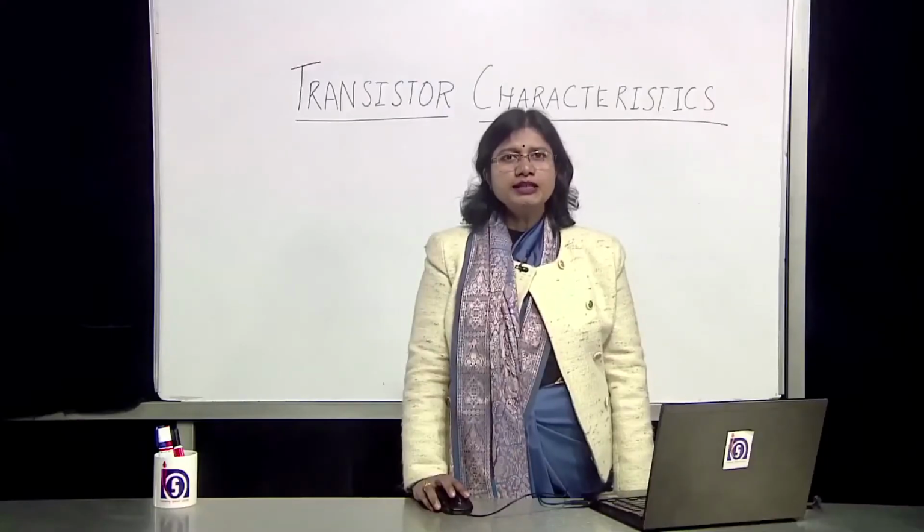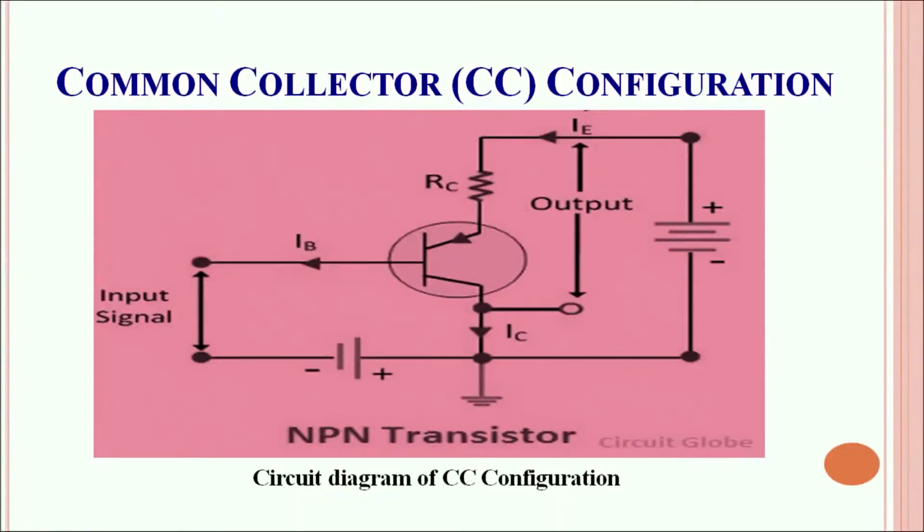For the output circuit, we realize that being in reverse bias, it is going to offer large resistance. So, when the output characteristic curves are plotted for this particular configuration, it is suitable for impedance matching.